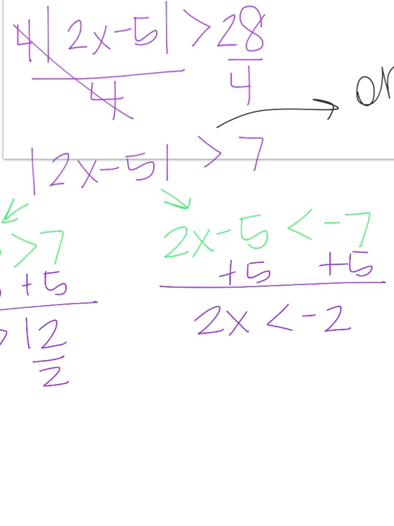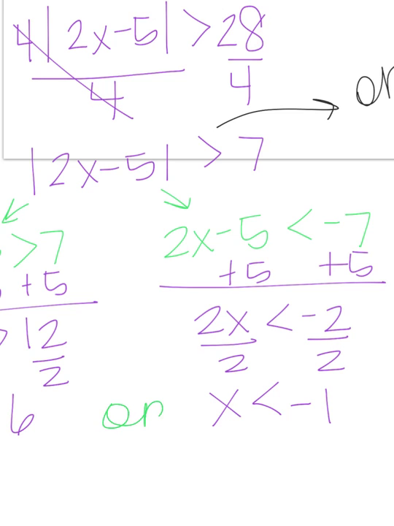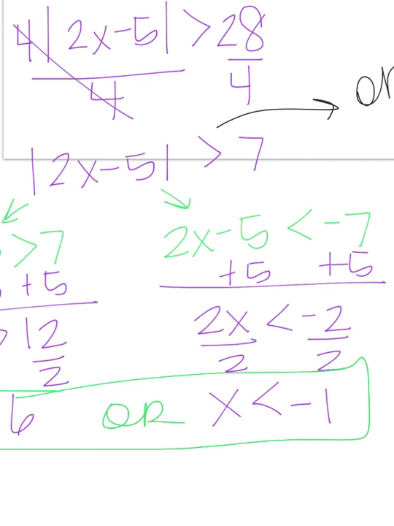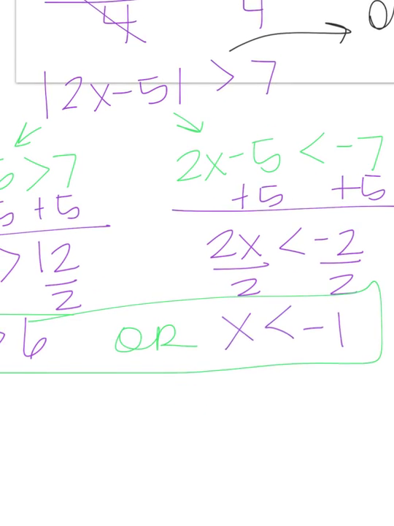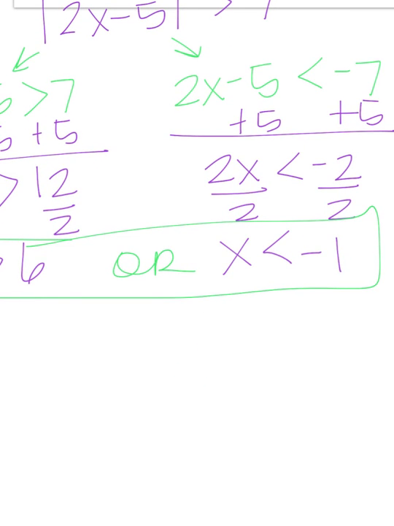Divide by 2 on all of them. So I get x is greater than 6, and x is less than negative 1. And as we said at the beginning, this is an OR statement. So I'm going to write the word OR in between. There's my first answer. So the last thing that I have to do is make my graph.